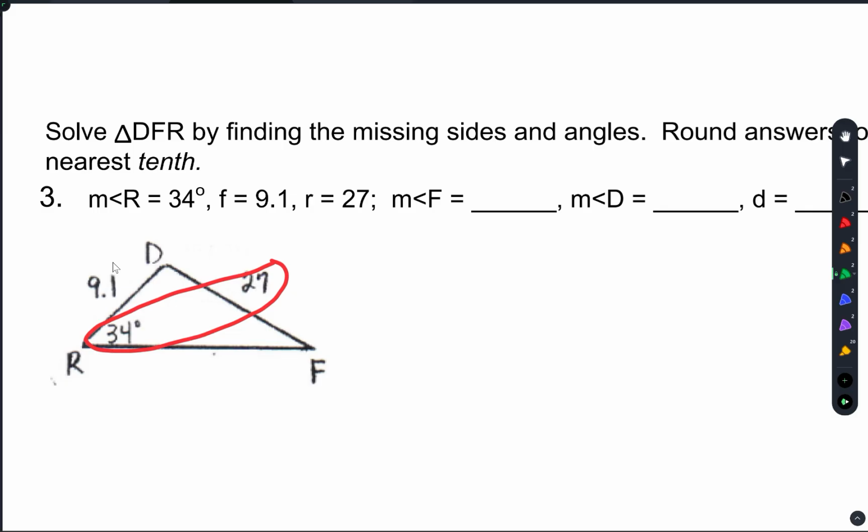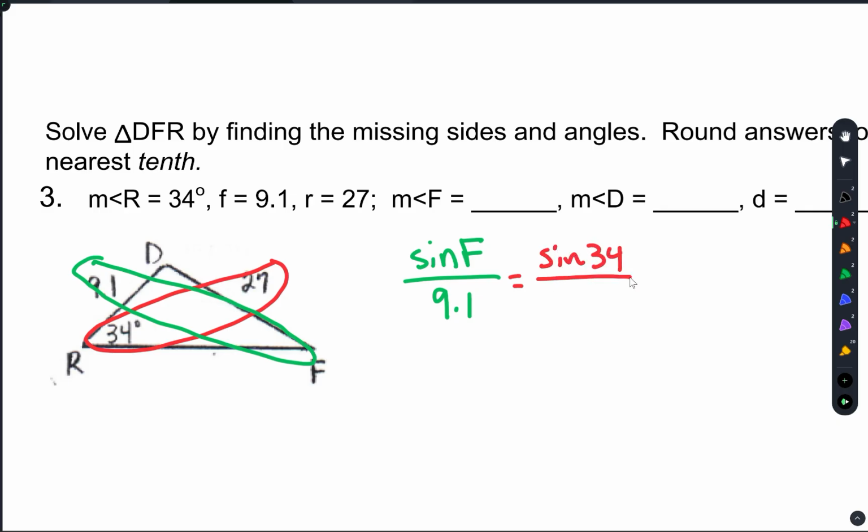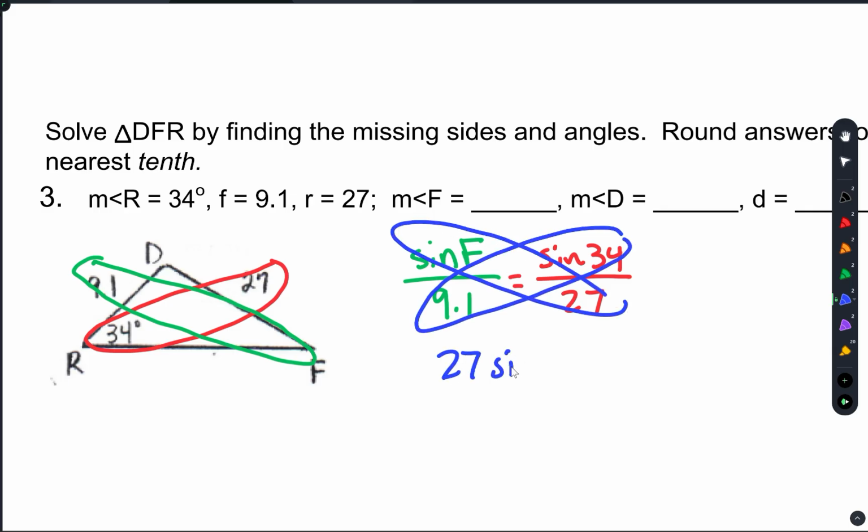So I'm going to put together 9.1 and this angle F. So let's say sine of F over 9.1 equals sine of 34 over 27, and cross multiply. 27 sine F equals 9.1 sine 34.